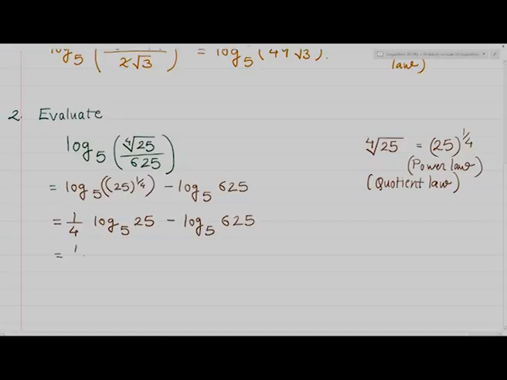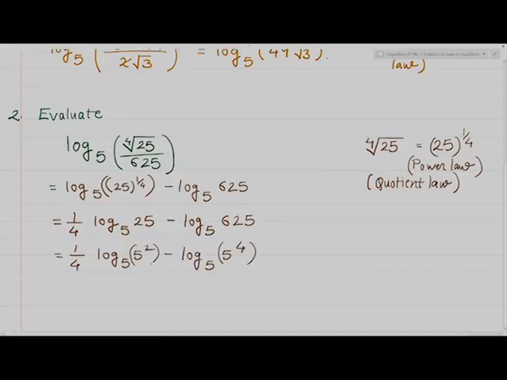Now this should be your second nature and you should say that yes, we can write this. Or else you can write this in the form of power law, that is log to the base 5 of 5 square minus log to the base 5 of 625. Now you notice 25 square is 625. So, if 25 is 5 square, 625 will be 5 raised to 4.